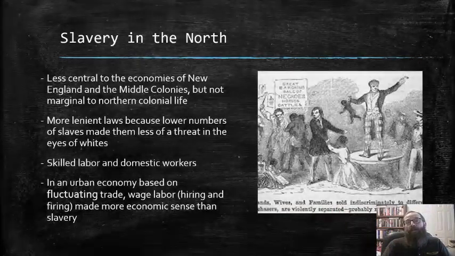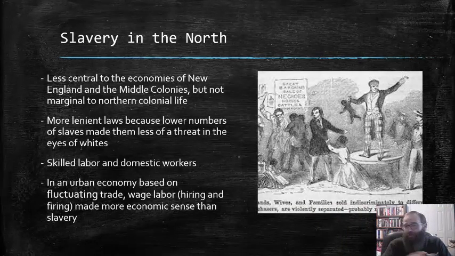Slavery in the northern colonies was quite different from that in the southern colonies. There were no large plantation systems in the north. The climate was not conducive to either tobacco or rice or any other cash crop that required such intensive amounts of labor.